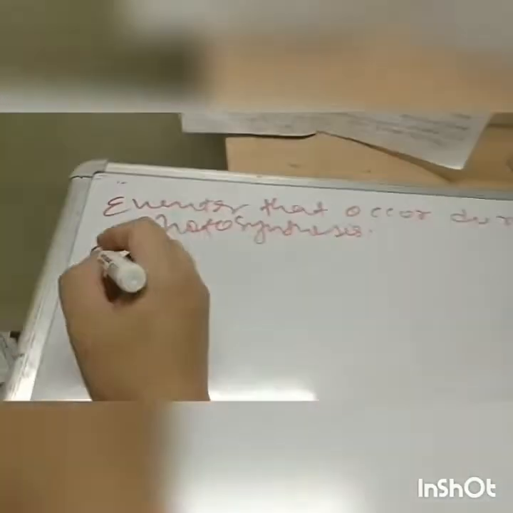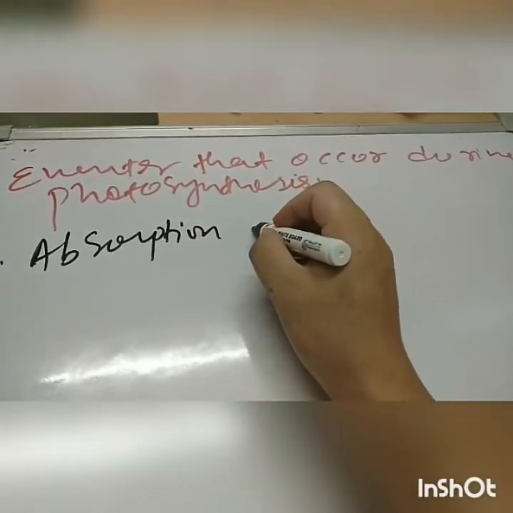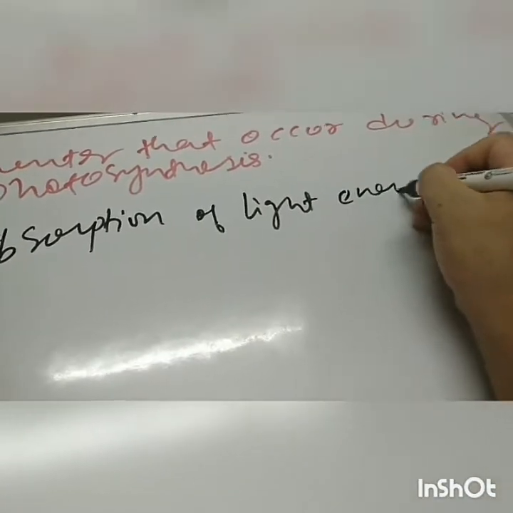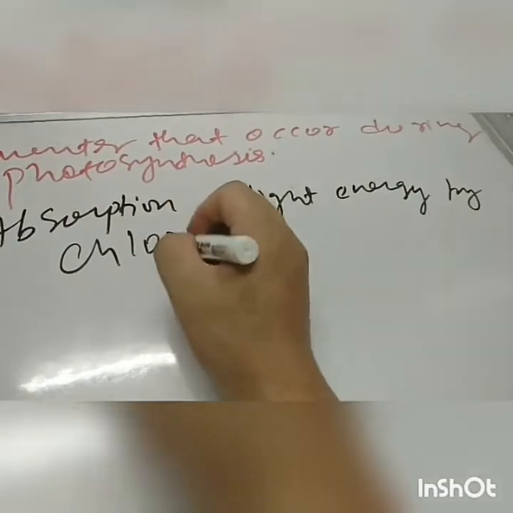So the events that occur during photosynthesis: number one is absorption of light energy by chlorophyll.